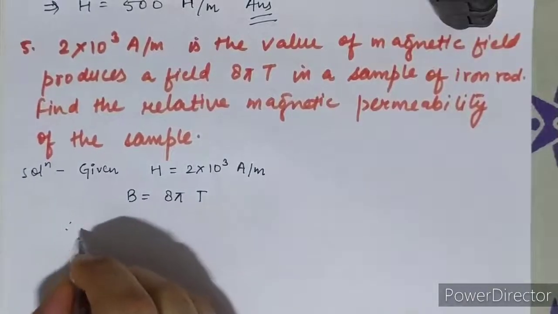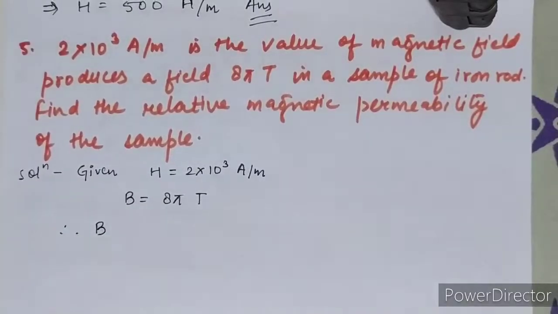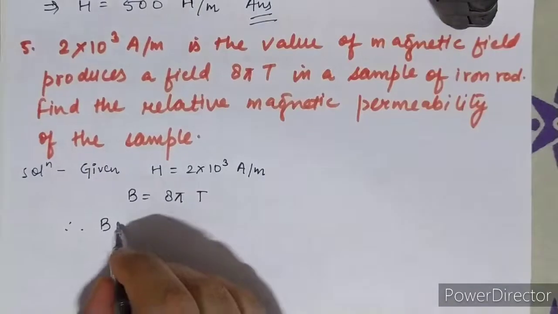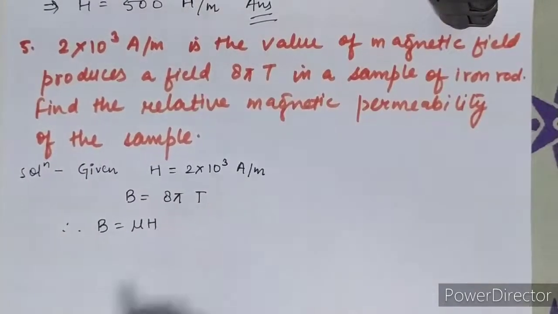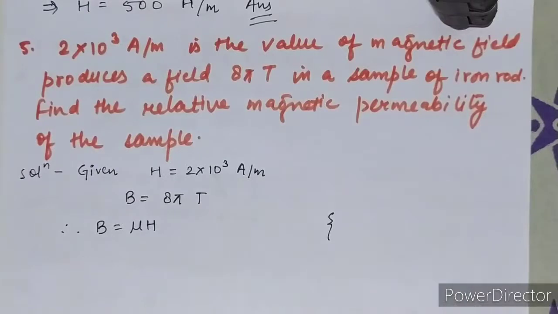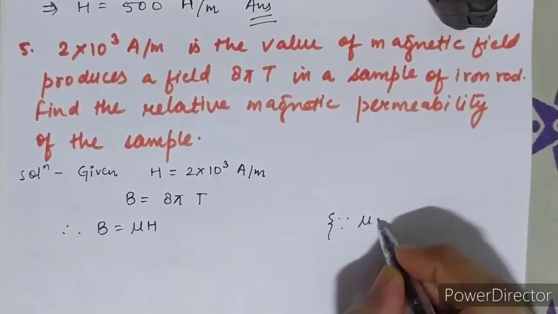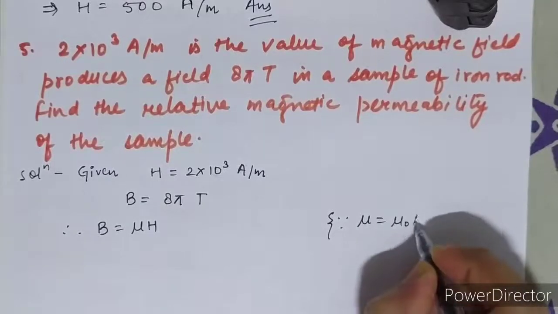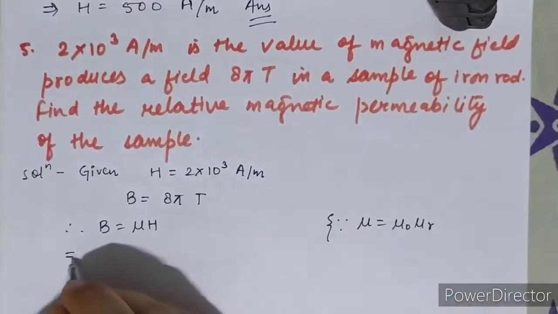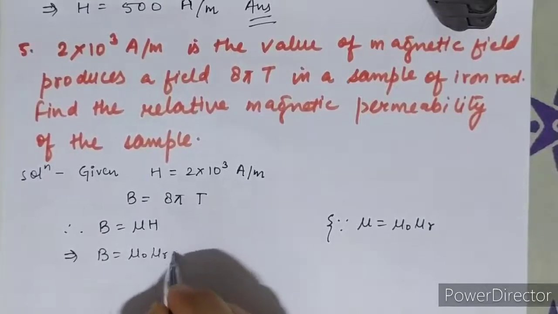Now you know the formula: mu equals B upon H, and B equals mu H. The magnetic permeability of a medium is mu naught into mu R, so B equals mu naught mu R H.